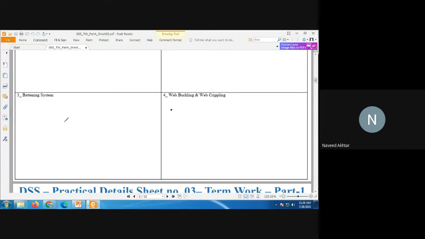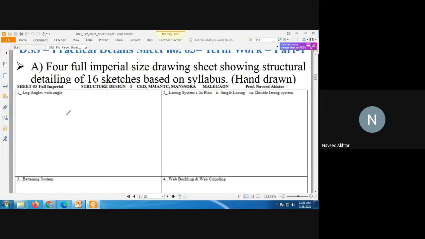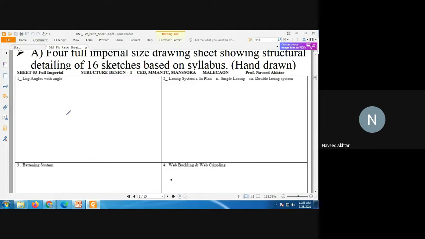You can take a screenshot and prepare that on your full imperial size sheet. So the outcome of this practical is you will be able to identify the lug angle. What is the lug angle? Single lacing system and double lacing system, battening system in the composite column, or the built-up column.